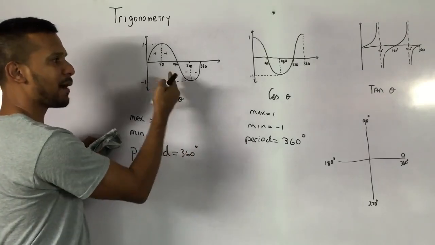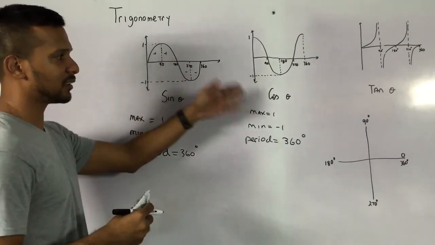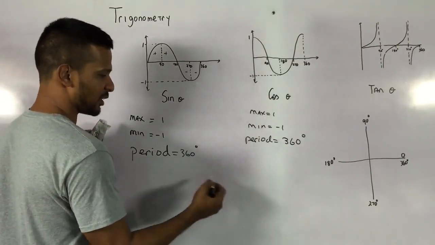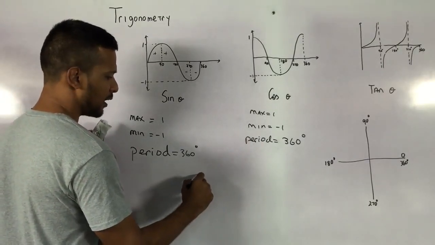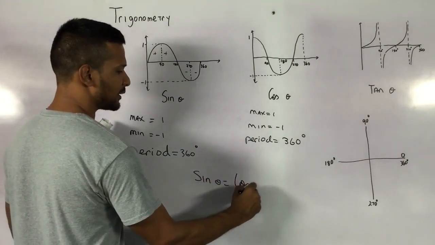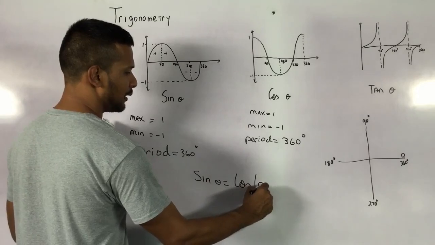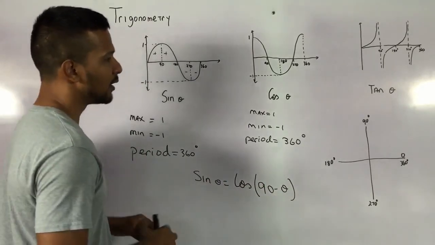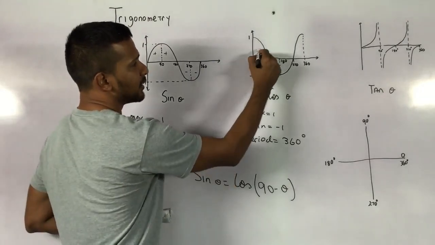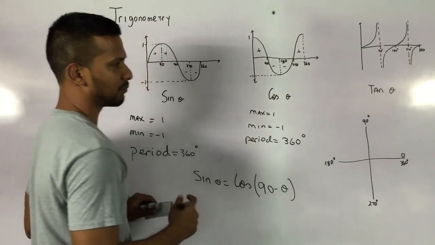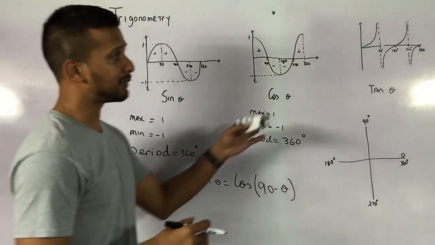If I shift sine back 90 degrees, I'll get cos. So you will recognize this simple relationship developing, where sine theta is cos of 90 minus theta. We'll look at this in a little while. Cos is positive here, negative here, and positive here. Is that okay?